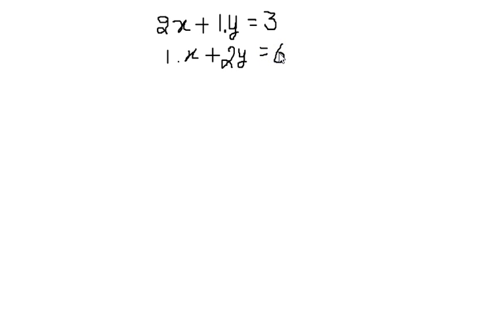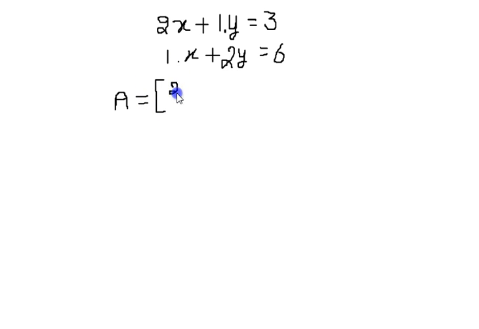Okay, now in the previous video you have seen that the coefficients of x and y we write in a matrix. Again we are going to name it A, and the coefficients will be written in a matrix of order 2 times 2.